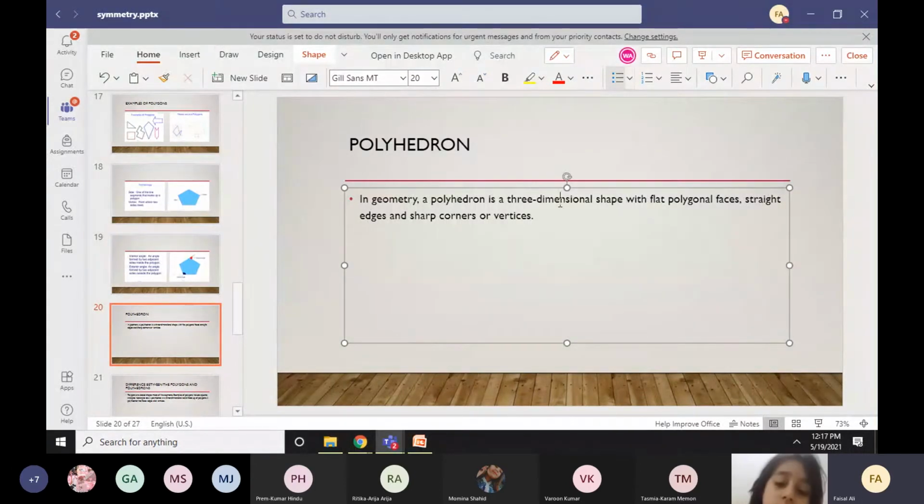So a polyhedron is a three-dimensional shape with flat polygonal faces. There will be faces, edges, and vertices or corners. Like polygons have vertices, polyhedrons also have vertices, and they also have faces.